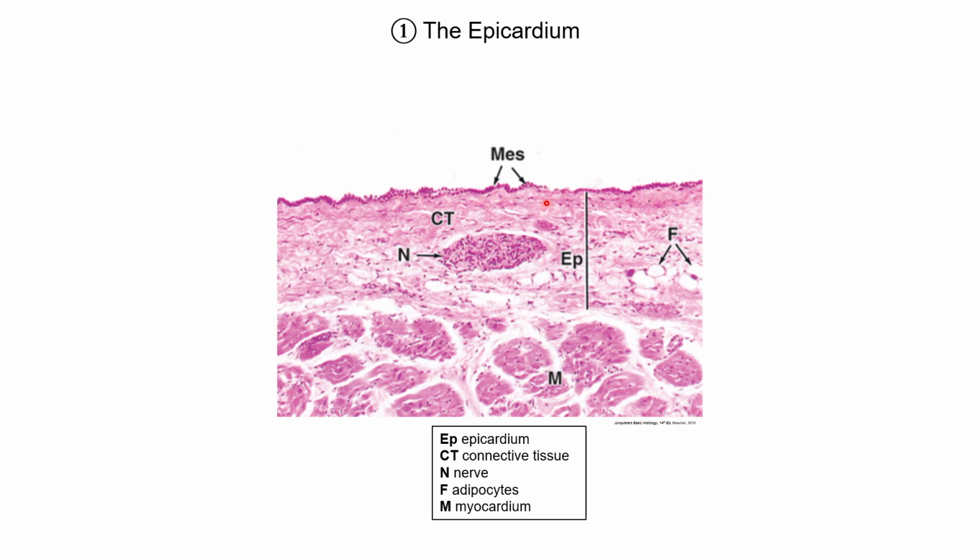And then within these connective tissues of the epicardium, we can have nerve fibers, we can have vessels where we have the coronaries here, and then we have the fat that's accumulating around the heart here. So this is the epicardium, and here is the myocardium.